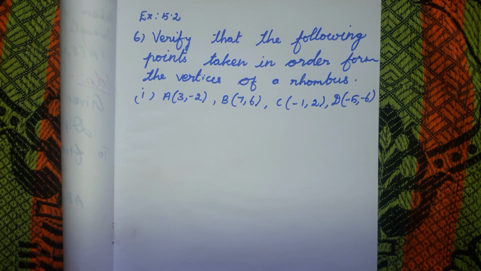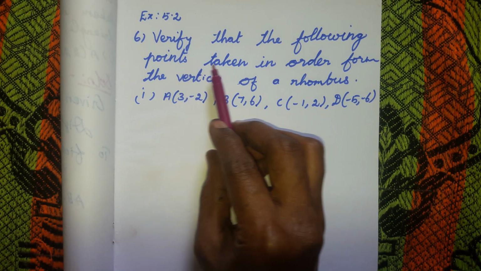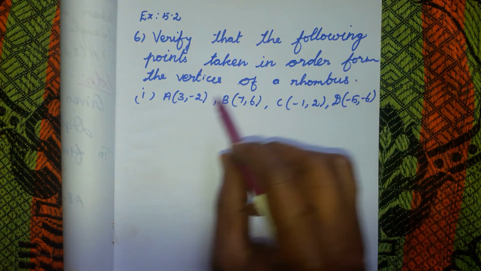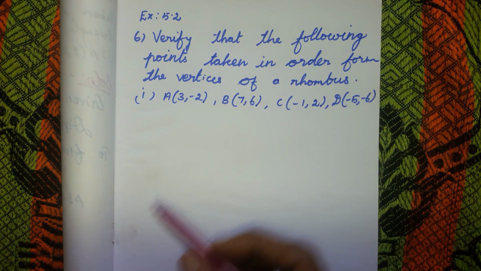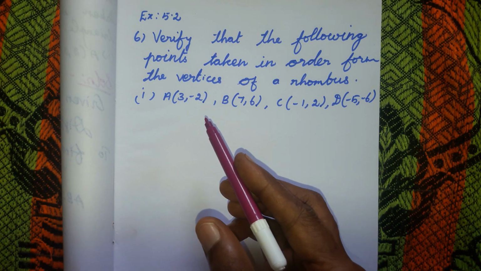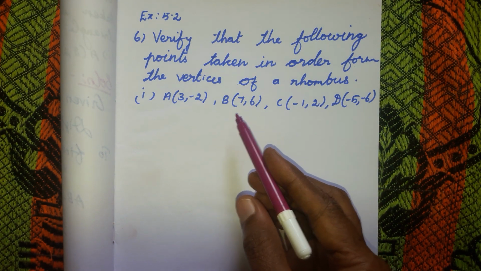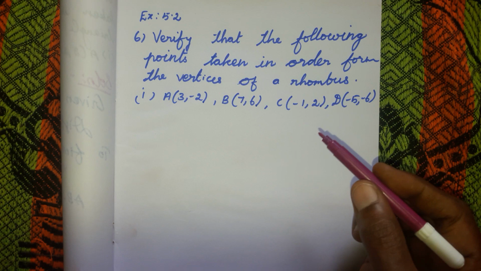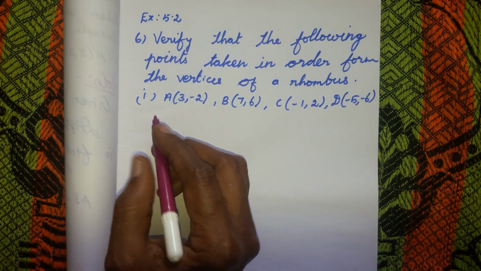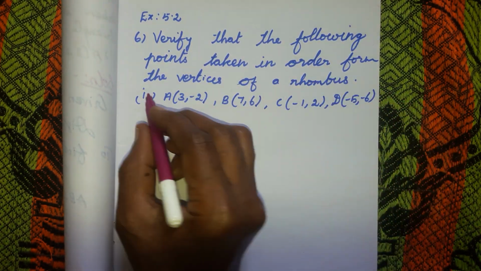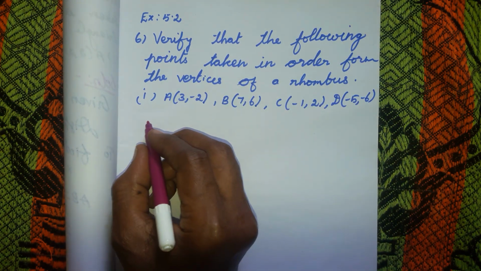Now I am going to teach Exercise 5.2, sixth problem, first one. Verify that the following points, taken in order, form the vertices of a rhombus.